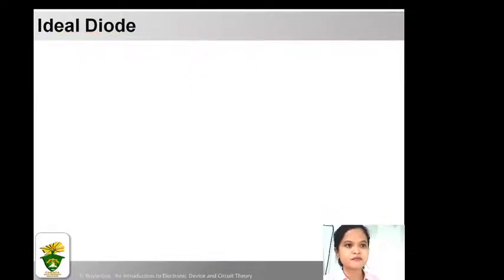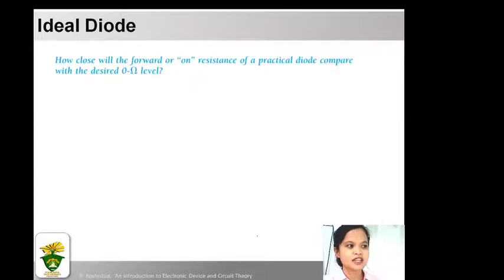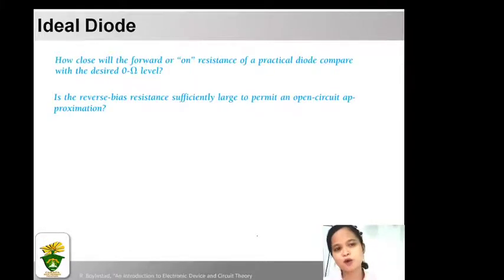Then, as indicated earlier, the primary purpose of this section is to introduce the characteristic of ideal device for comparison with the characteristic of commercial variety. As we progress through the next few sections, keep the following questions in mind.